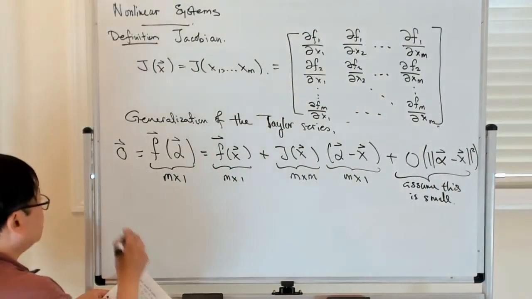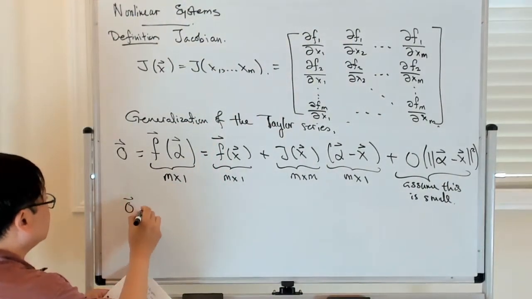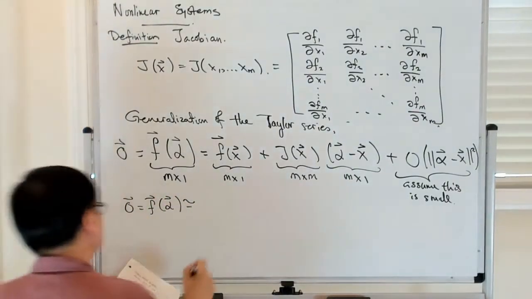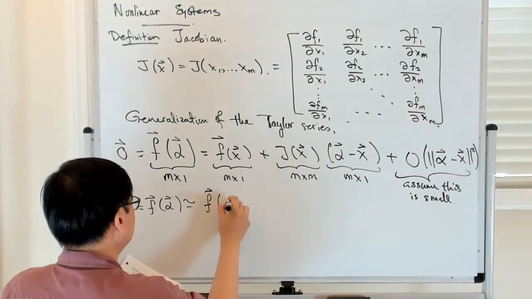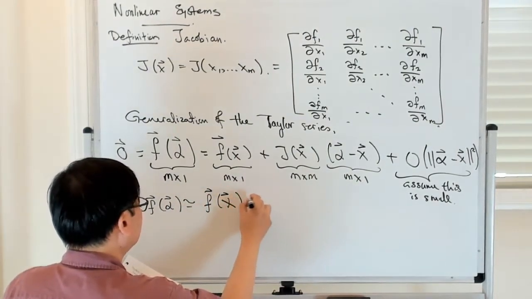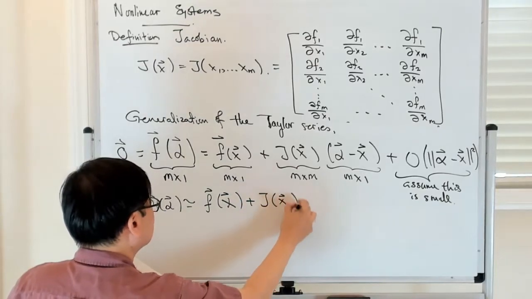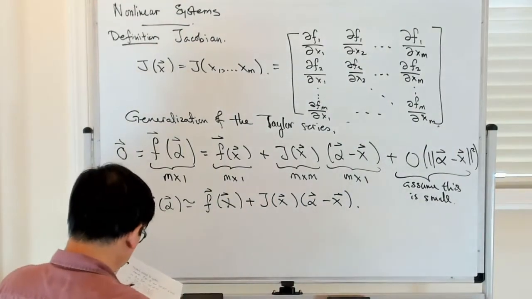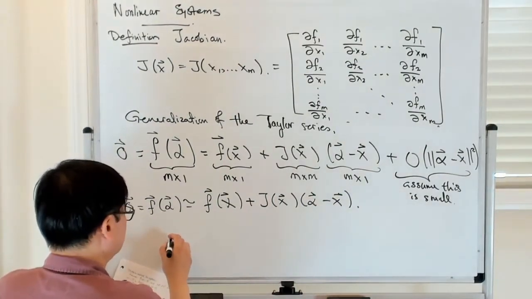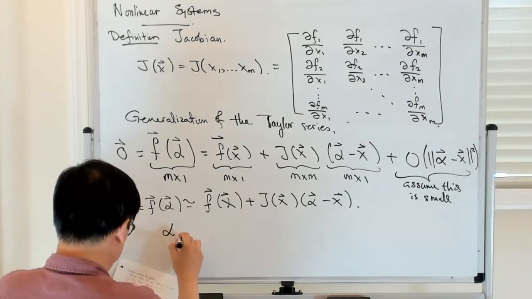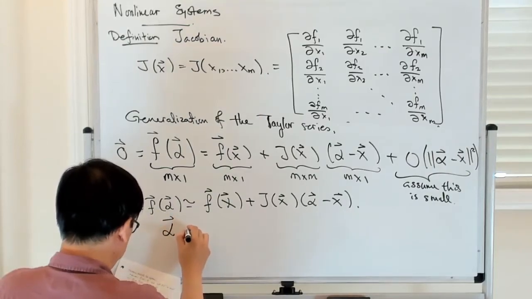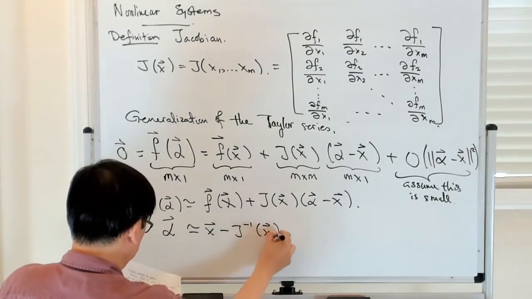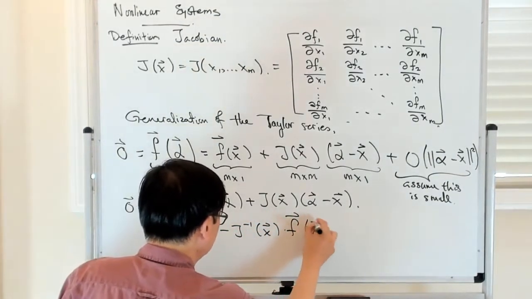So I get that 0, which is f of alpha, is approximately equal to f of x plus J of x times alpha minus x. So I get alpha is approximately equal to x minus J inverse times f of x.